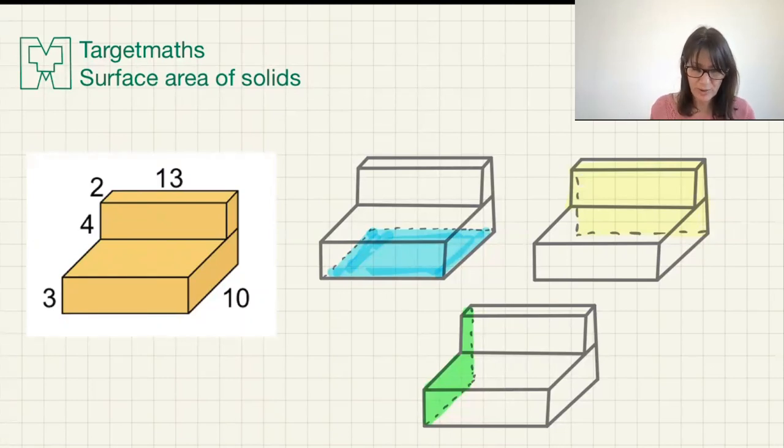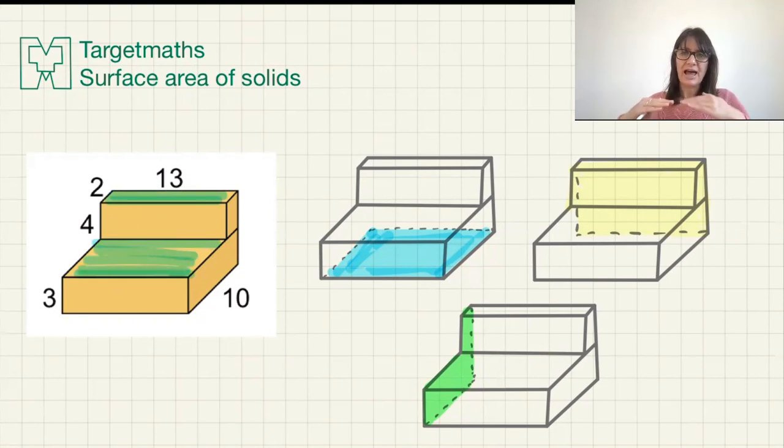So I want you to imagine the top of this shape. I'm just going to highlight the top of this shape so we are really clear what we're looking at. I want you to imagine that that is being crushed. So the top is being crushed to meet the bottom cuboid, and then the whole thing is being crushed all the way to the ground.